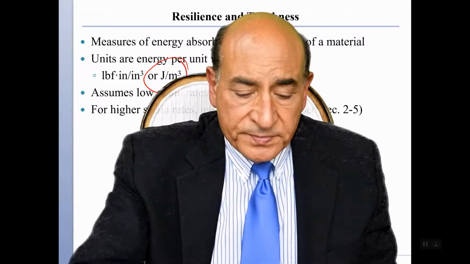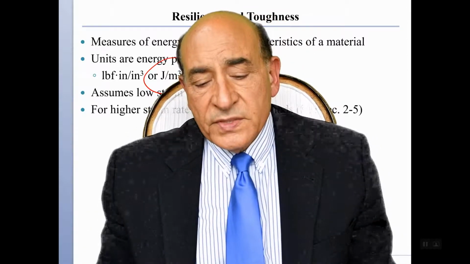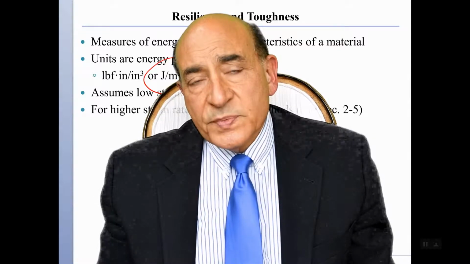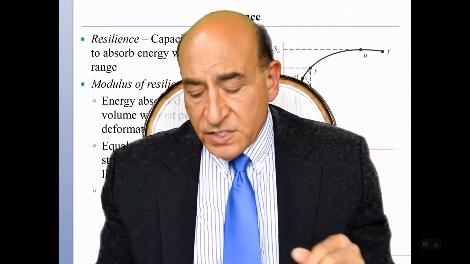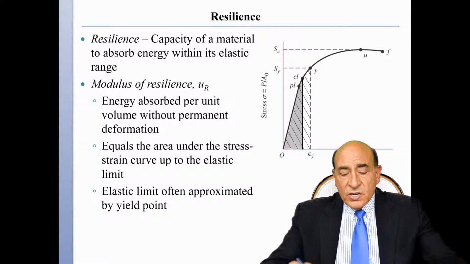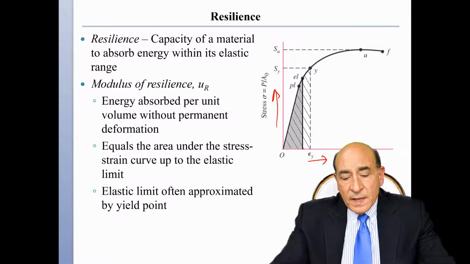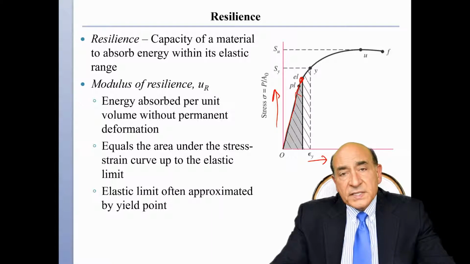The units of both resilience and toughness, these are two different words, is joules per meter cubed. This is energy per unit volume. So if we look at the engineering stress strain curve, and the material deforms all the way to the elastic limit, then the area under the curve is an energy per unit volume.